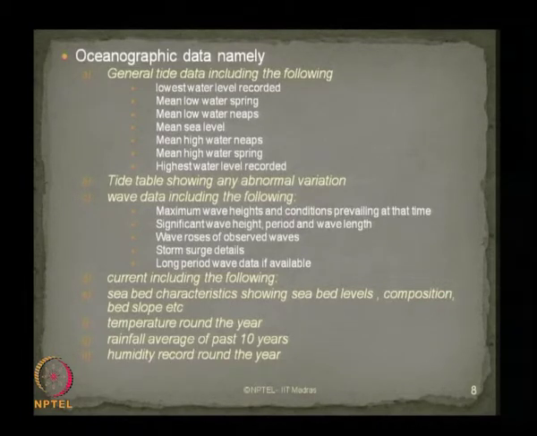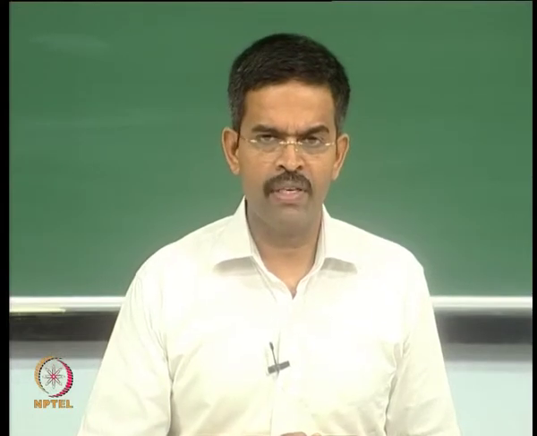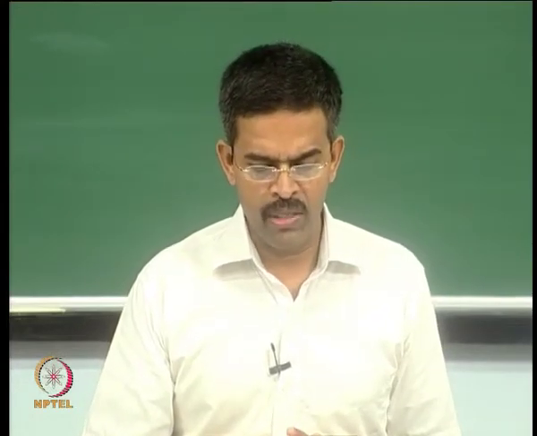Wave data is an important category of data which is necessary for designing offshore structures on a specific site. Wave data includes the maximum wave height and the conditions prevailing at that time, significant wave height, period and wavelength which can be considered for the design calculations, wave roses of observed waves, storm surge details, and long period wave data if available at a specific site, followed by information regarding current, which is equally important.